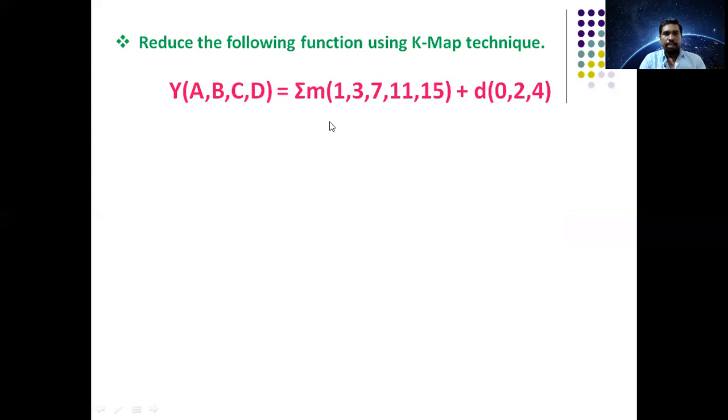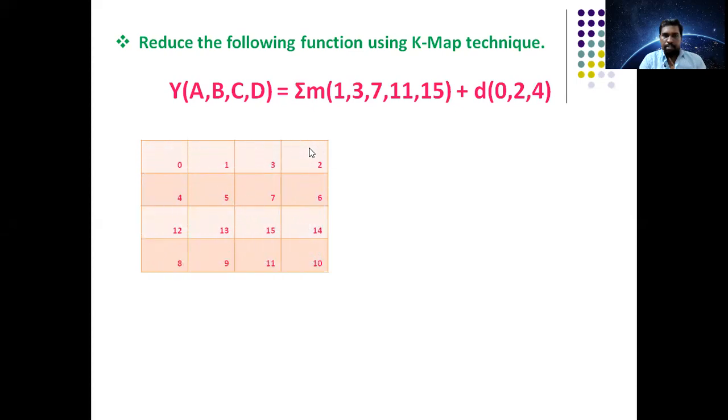See here. Here we are having 4 input variables. So take a 16 cell K map, put the separators, labeling, gray code mechanism. Now, these are the cells which you need to substitute 1: 1, 3, 7, 11, 15.